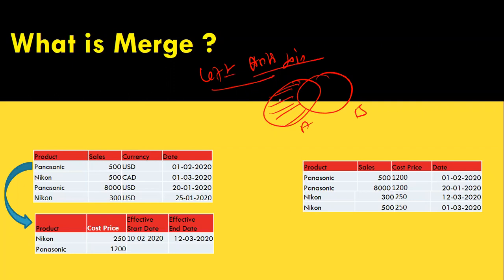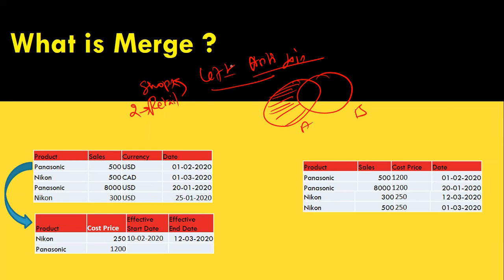What kind of scenario? Okay, let's say you have two retail shops in Pune, in different areas, say East Pune and South Pune.